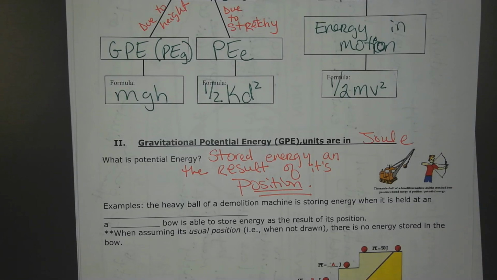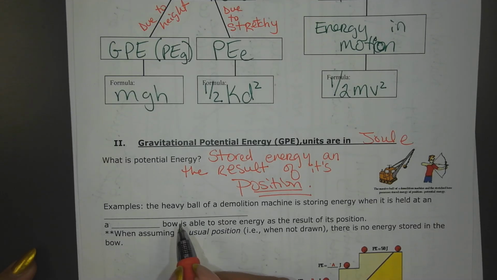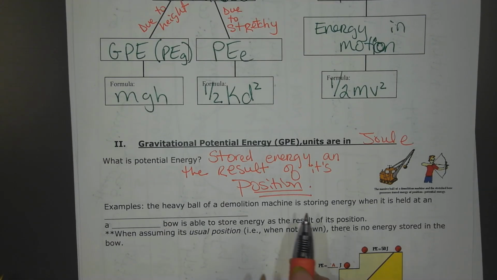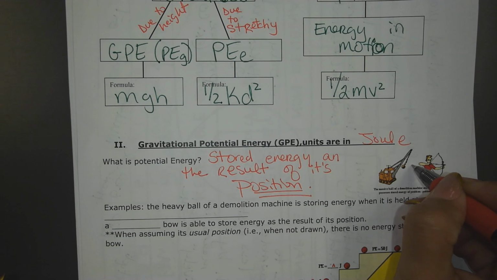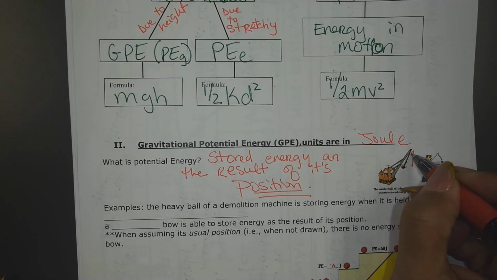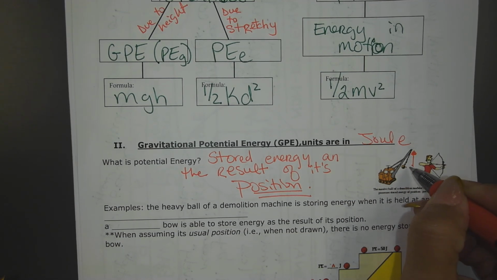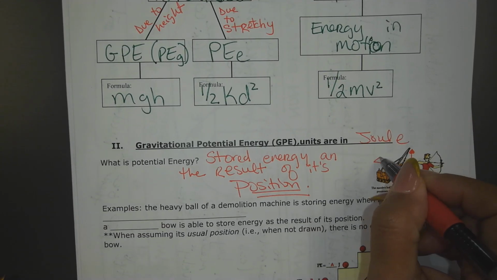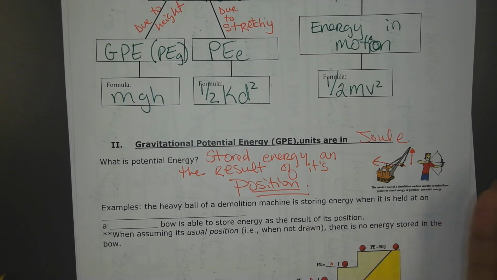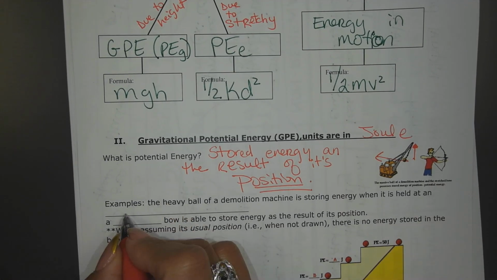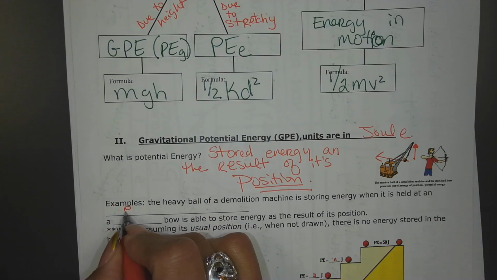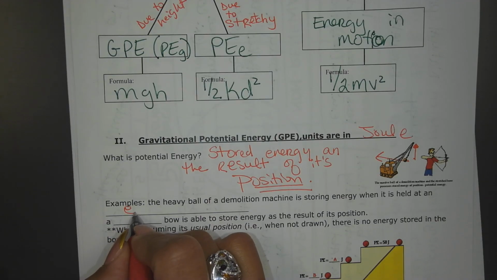It says here examples. They're going to go a little bit into gravitational first, and then they'll start talking about elastic. It says here, a heavy ball on a demolition machine. The more that we raise it higher, or pull it back a little bit more and release it, it would have more potential energy, right? It would have more in the higher elevated position.